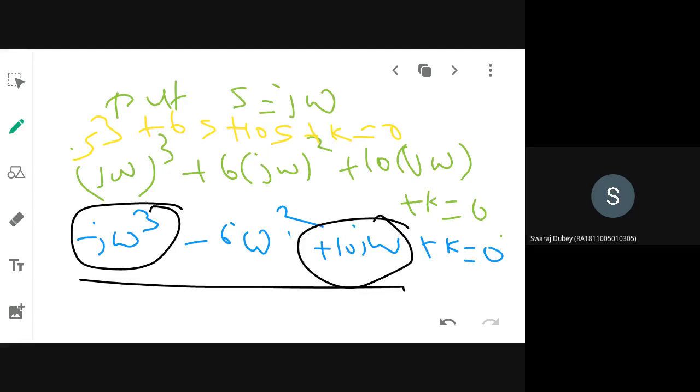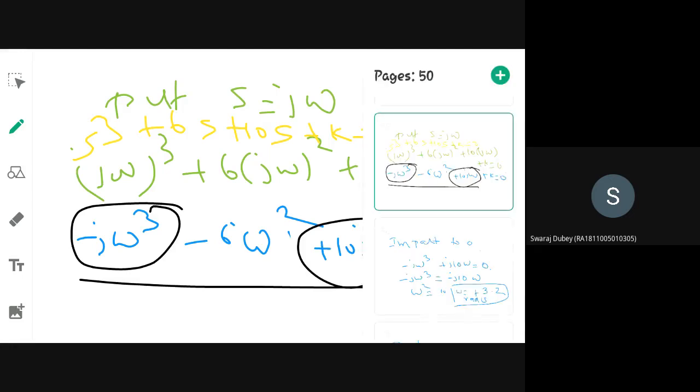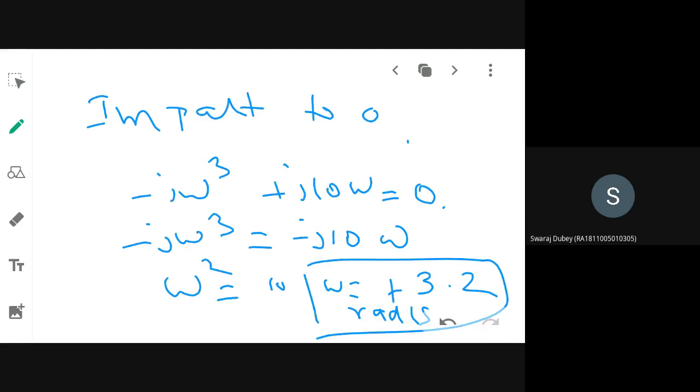That you have to equate to 0. Then find out what is omega. Omega squared will be equal to 10. If you take the square root, you will be getting omega equal to plus or minus 3.2 radians per second.